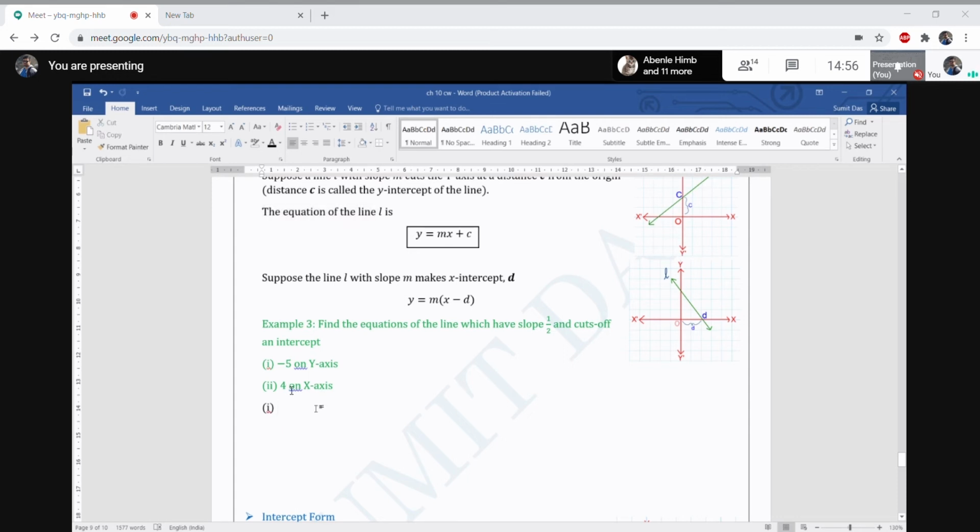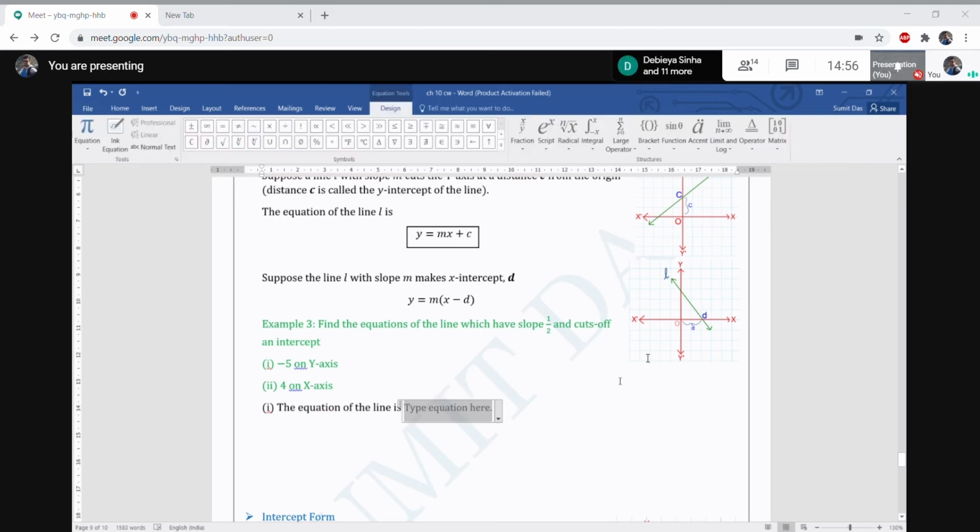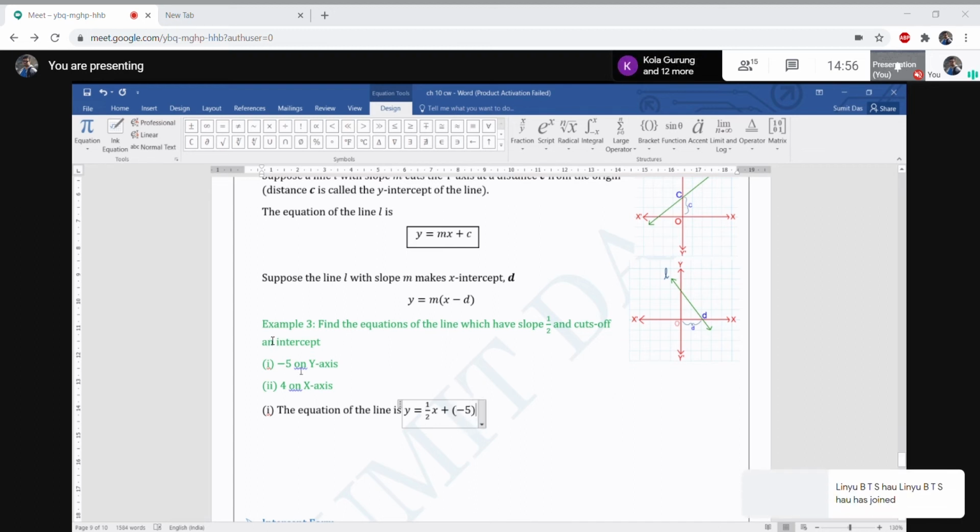The equation of the line is y equal to mx plus c. Y stays the same, m is 1 by 2, x is x, and c is -5. Remember, when it is the y-axis, we use this formula. When it is the x-axis, it will be m into (x minus d).